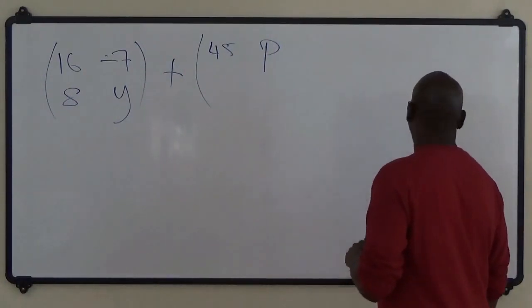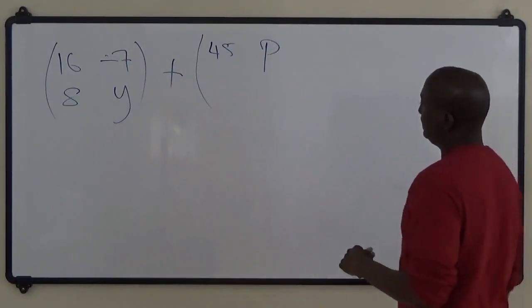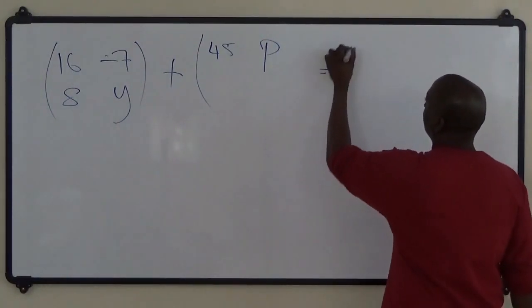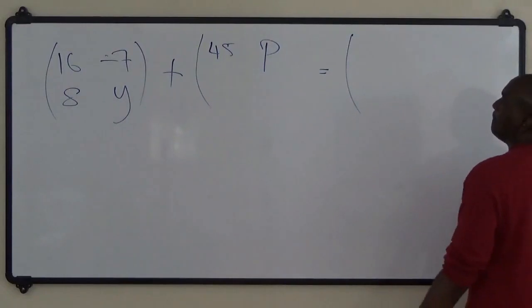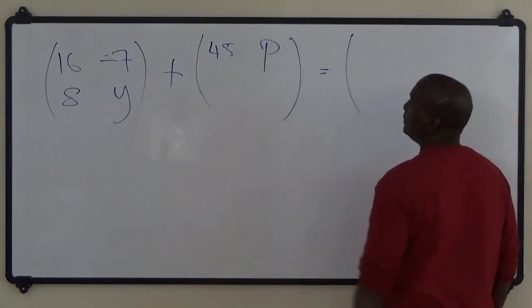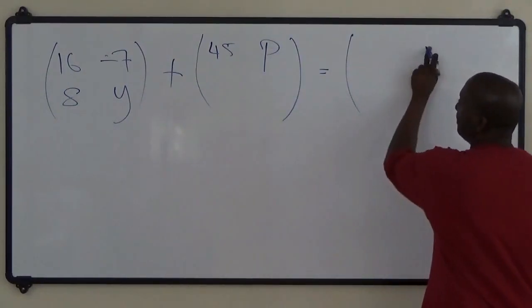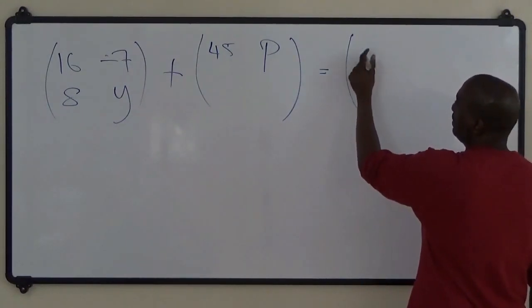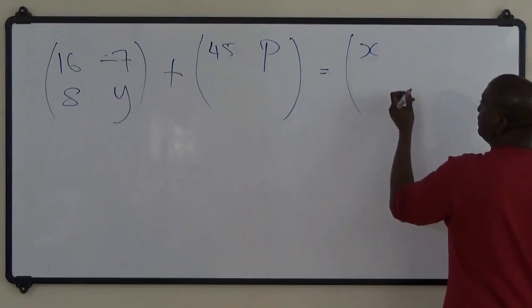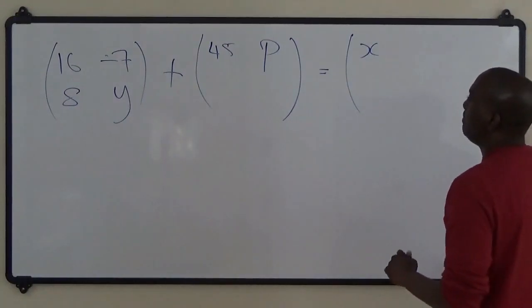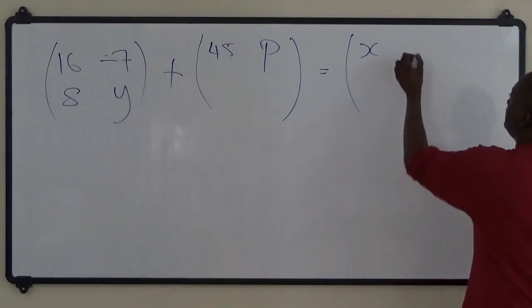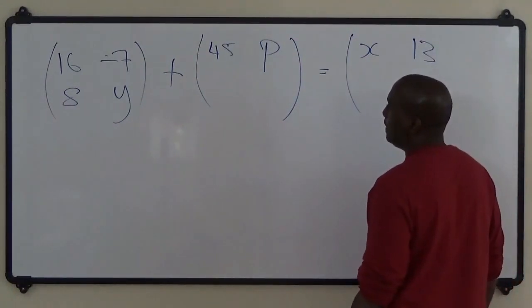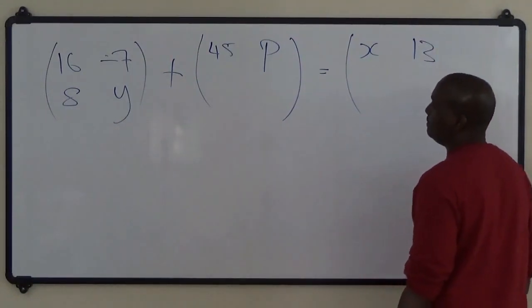That plus that is supposed to be equal to something. So we could give a value here. We call this x, 7, and we call this 13.